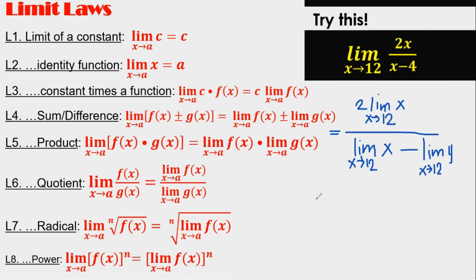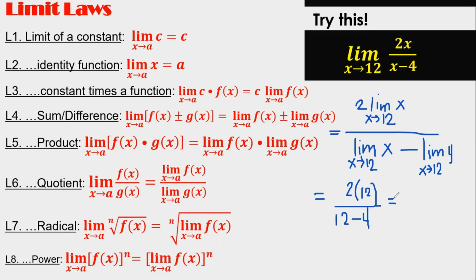Okay, so apply the rules. So we have the constant function, so we just substitute the value of x, that is 12. So 2 times 12 over 12 minus 4 by using the identity function and then the constant function.